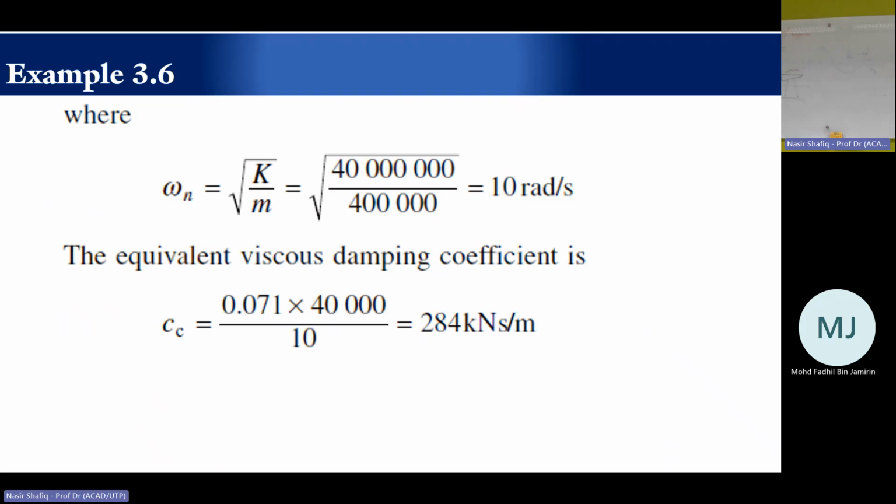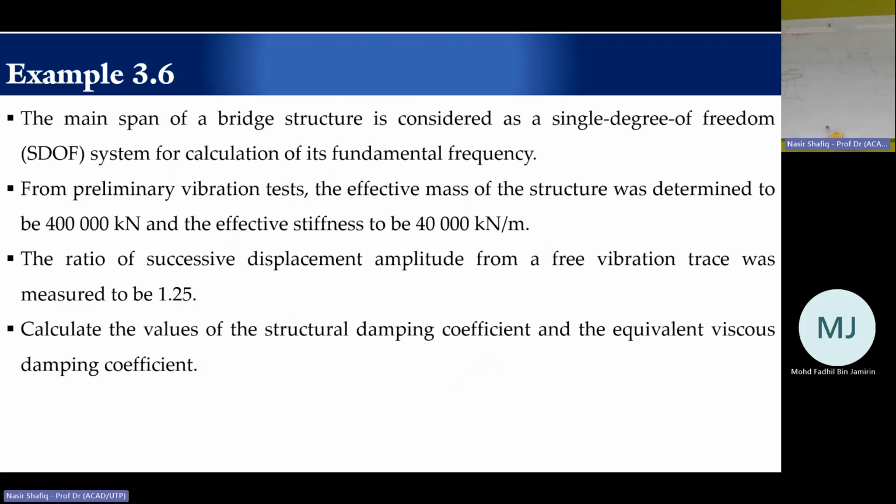If it is in continuation, it will be written that this bridge, apart from this, has a previous question related to viscous damping.